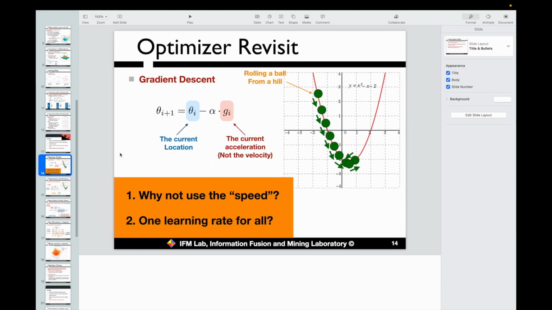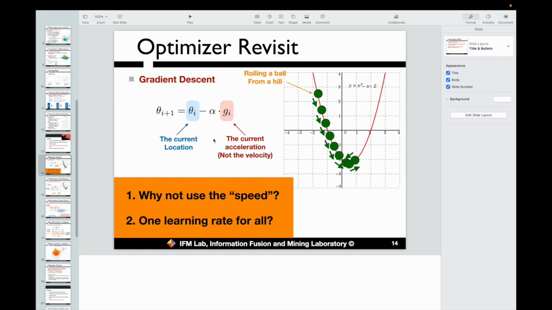The starting point is the location where we throw the ball, and if the ball finally stops, then it achieves a local minimum for the function.